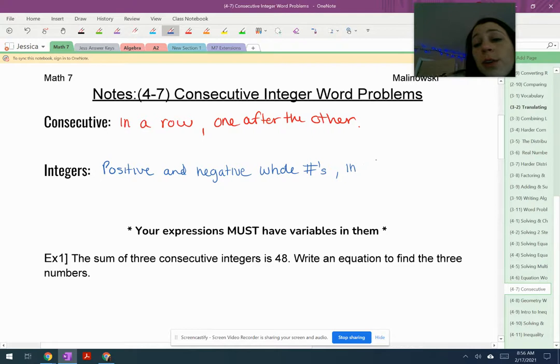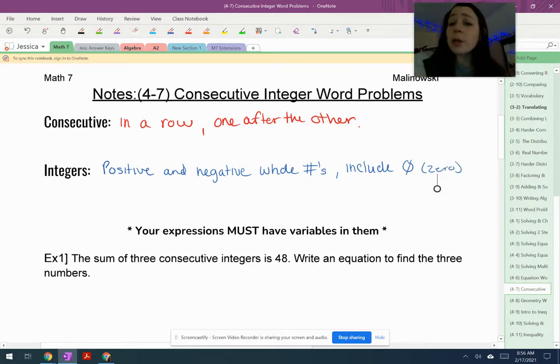It does also include zero. And the reason I feel like we need to say that is because when you're talking about positive and negative, zero is neither. Zero doesn't have a positive or a negative, it's just zero. So it's important to say that zero is included in that.